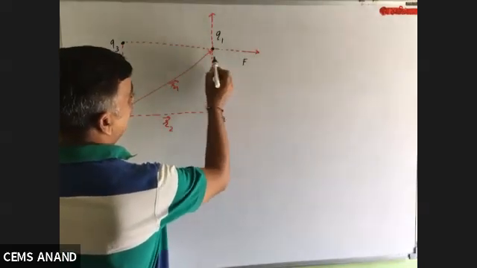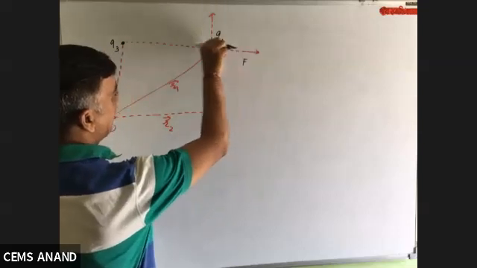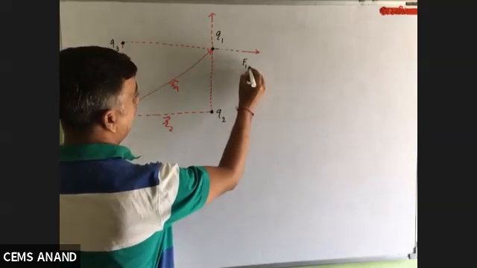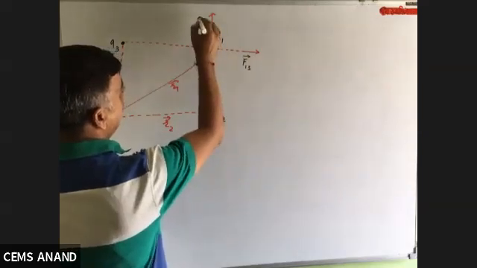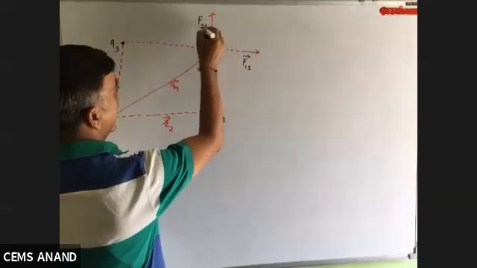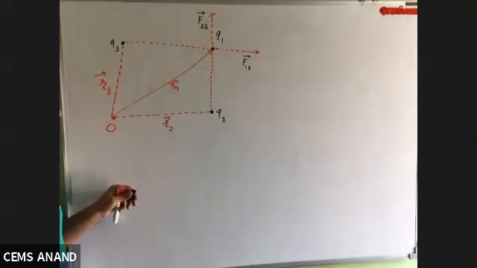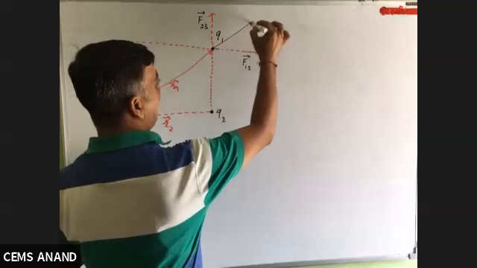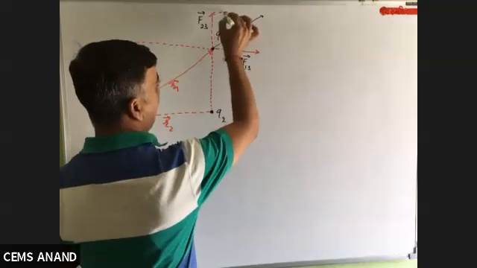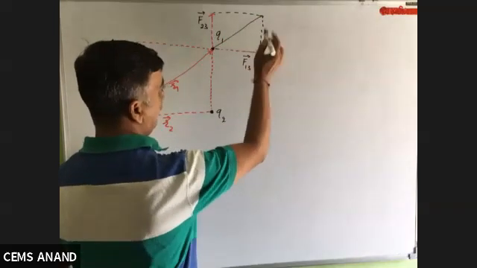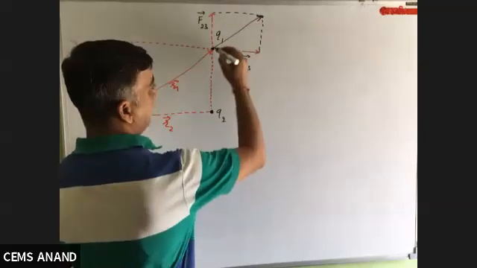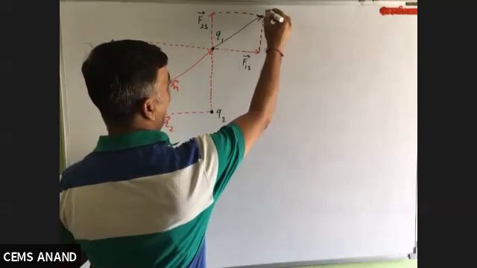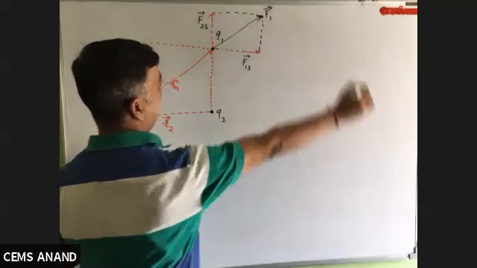So let me define the forces. Here, the force is generated by Q3 and it is on Q1. So we have to write 1, 3. So similarly, it is 2, 3. And their resultant vector, according to our knowledge of parallelogram, is in this direction, which is equal to F1 only.